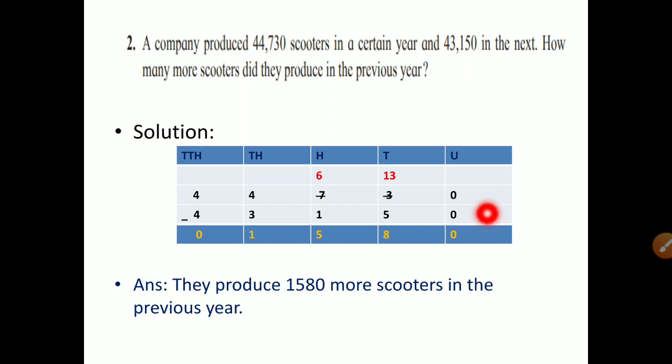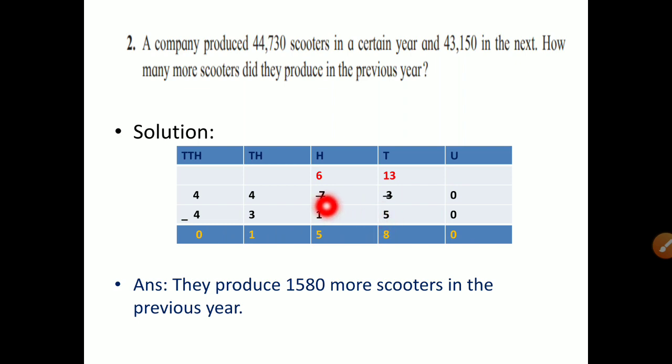Draw this table. Again here we are having 5 digit numbers. So we will draw 5 tables. Unit, tens, 100, 1000, 10,000. Always write bigger number first. 44,730, 43,150. 0 minus 0 is equals to 0. 3 minus 5 not possible.